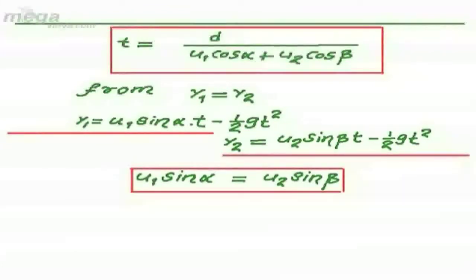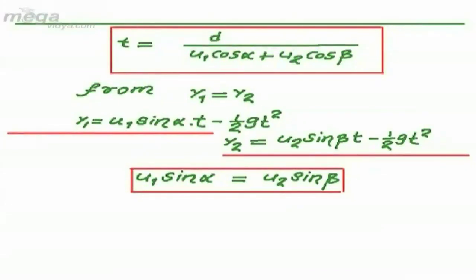So u1 sine alpha equal to u2 sine beta is one condition for the collision to occur, and the other condition is that u1 cos alpha plus u2 cos beta into the time of flight must be equal to the initial separation d between the two projectiles.